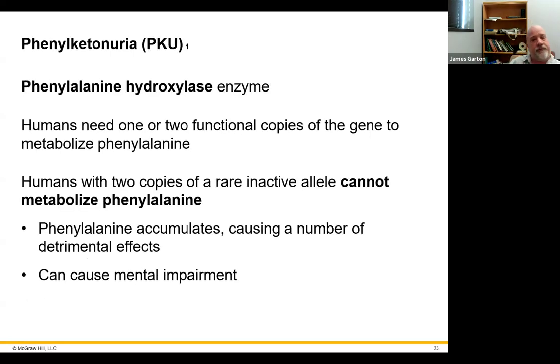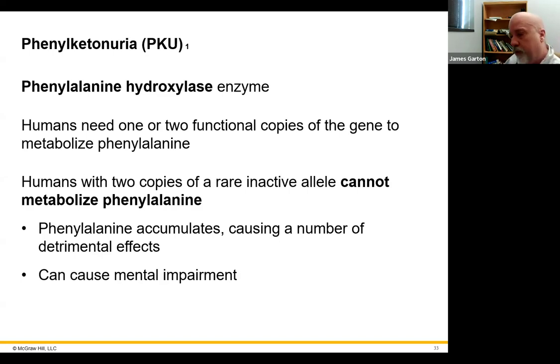In phenylketonuria, you have inherited a mutation in a gene that encodes an enzyme. And humans need at least one functioning copy of that enzyme. And if you have the disease PKU, you have no functional copies of that enzyme.